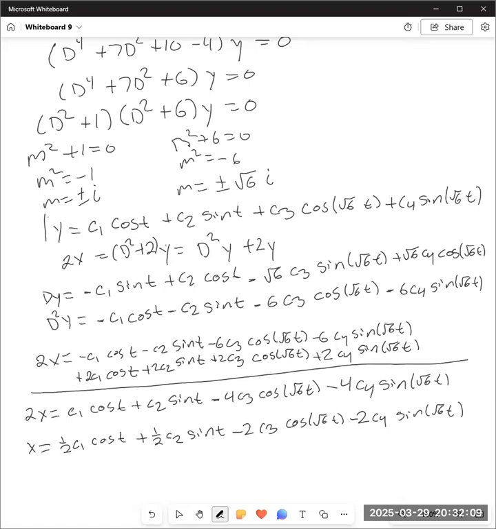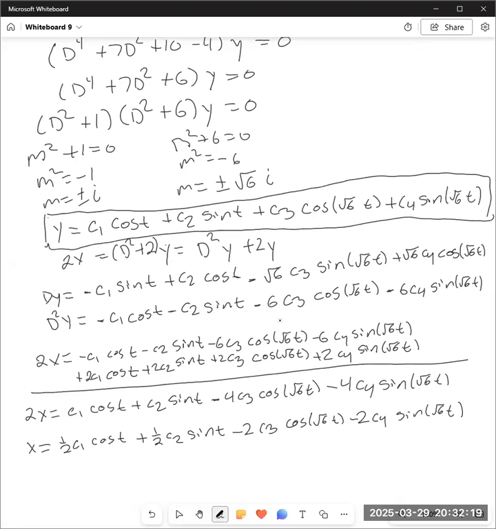And here's my y equals equation up here. And here's my x equals equation, oops, down here.